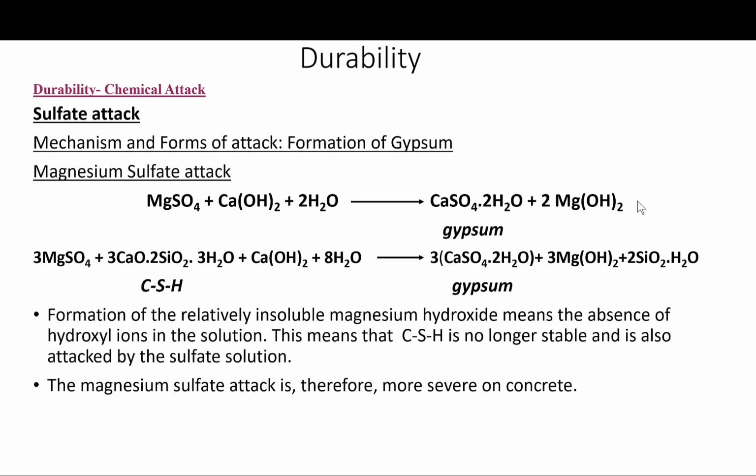This means the calcium silicate hydrate is no longer stable and is also attacked by the sulfate solution, according to this equation, as you can see. So the magnesium sulfate attack is therefore more severe on concrete than in the case of sodium. So it makes a huge difference whether the sulfate is present in the form of sodium sulfate, for example, or in the form of magnesium sulfate, okay?